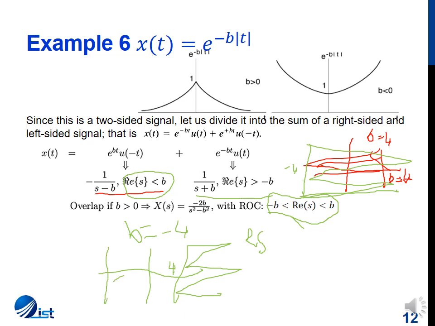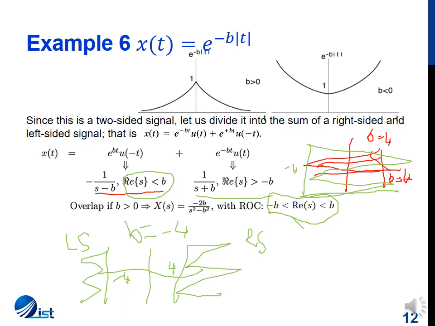So this is minus 4, and this is our ROC. So now the ROCs do not intersect, and we can say that for the case when b was less than 0, we have no Laplace transform.